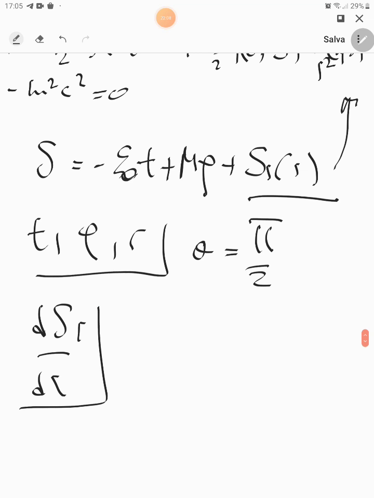the derivative with respect to r of the radial part of the action, and so we can find the radial part of the action in this way.